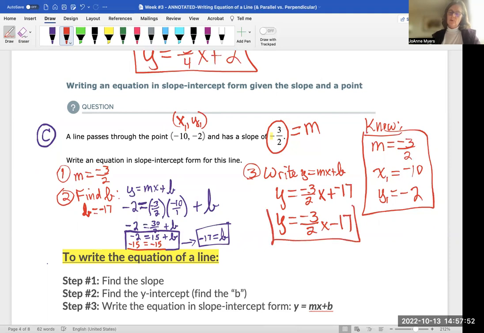So if it were a multiple choice question, this here in the blue box is how the final answer would look for part C. We did step 1, step 2, and step 3. Find your m, find your b, and then write y equals mx plus b, putting a numerical value in for the m and the b.